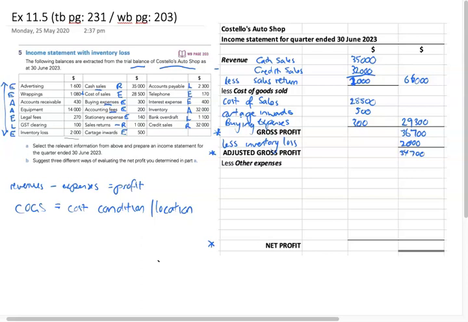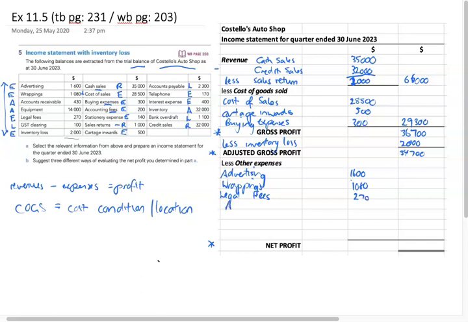We're then going to go through and less all of our final expenses, of which there are 7 of them. So let's write them all out, and then we'll calculate our net profit and be done. Advertising is $1,600. Wrappings, $1,080. Legal fees, being $270.